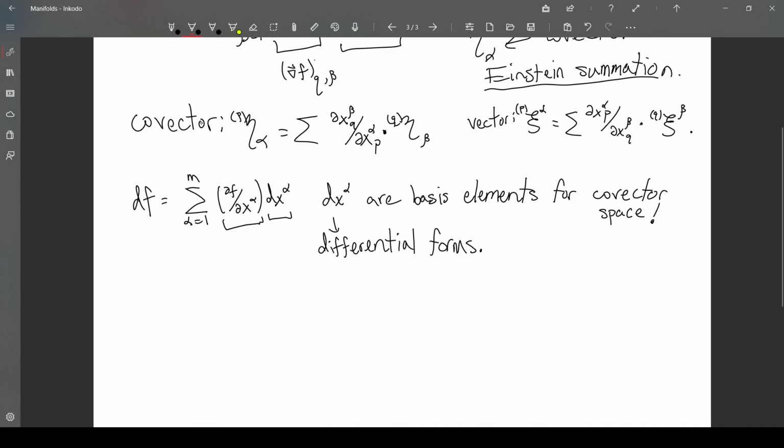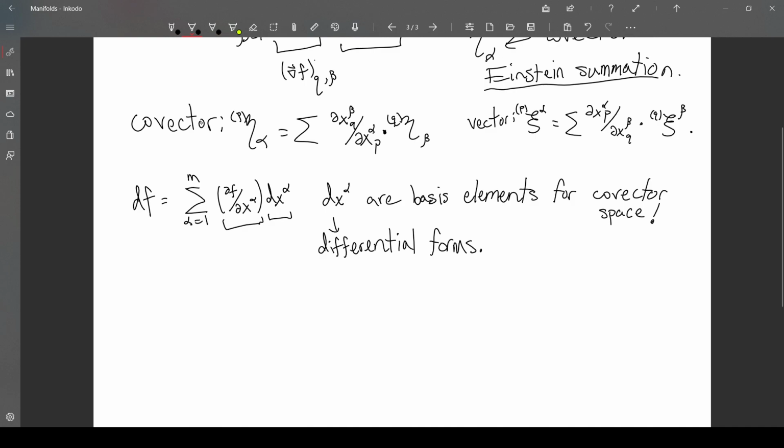Let me think if I'm defining this right. Differential forms, the way to think about them is they act on tangent space.